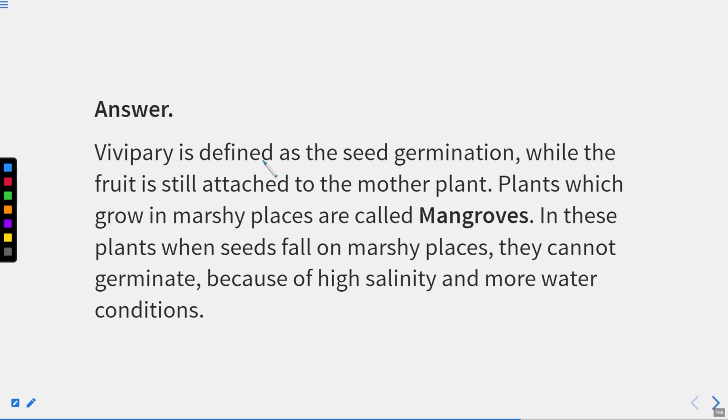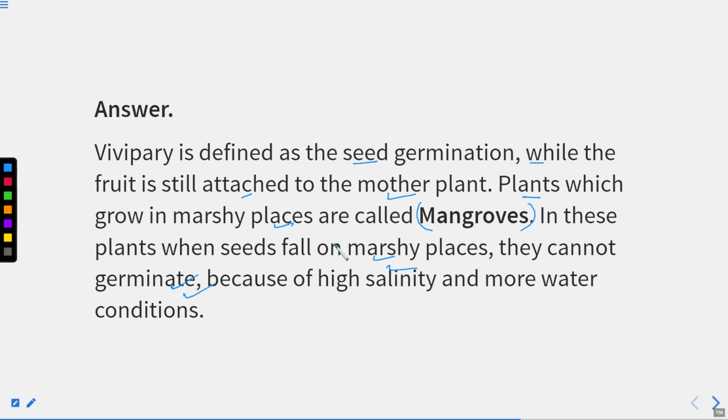Now vivipary is defined as seed germination while the fruit is still attached to the mother plant. Okay, this is known as vivipary in plants. Now plants which grow in marshy places are known as mangroves. So in these plants, when the seeds fall on marshy places, they cannot germinate because of high salinity and high water conditions.